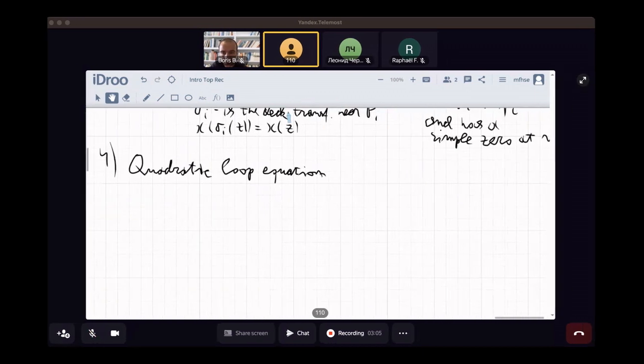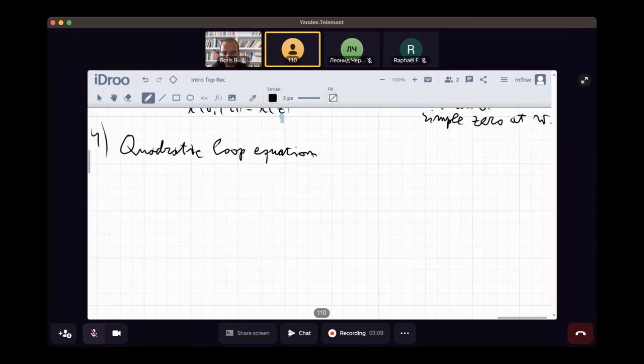Now, the quadratic loop equation looks very similar to the formula which we have in the original formulation of topological recursion. In fact, in the seminar problem list, the loop equation is defined in terms of not omegas but W g,n, n-point functions, but yes, they are the same.